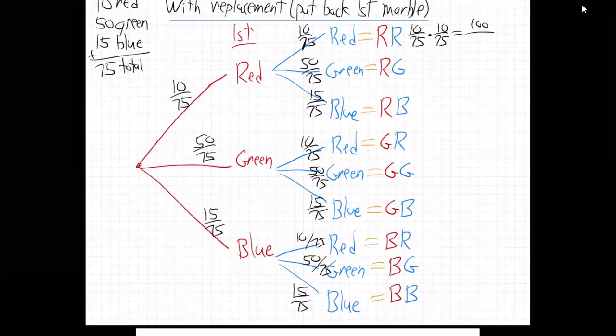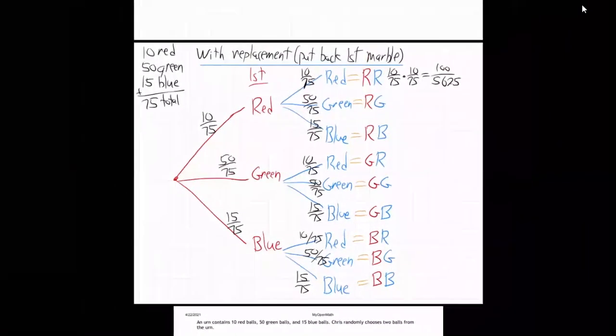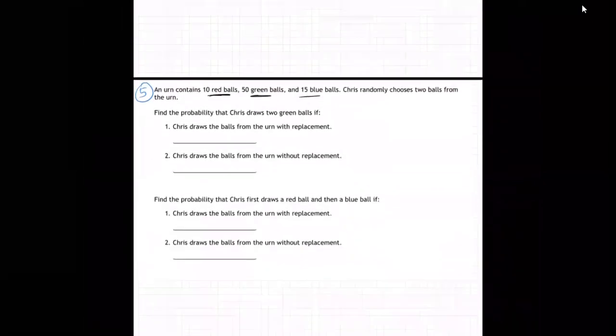What is 75 times 75? It is 5625. So I'm just going to leave it as a fraction for now. The next one is the same kind of thing. This is just going to get tedious. In fact, I'm not going to figure them all out. I'm just going to do the ones they want. What do they want? Let's go to the questions.